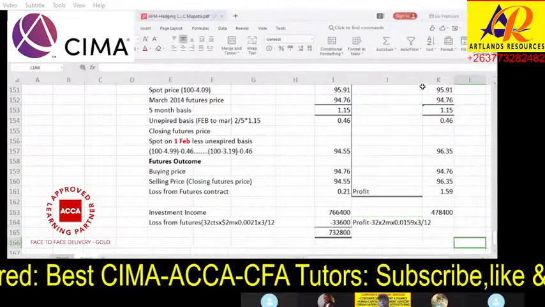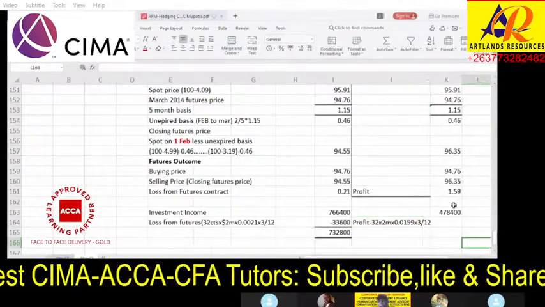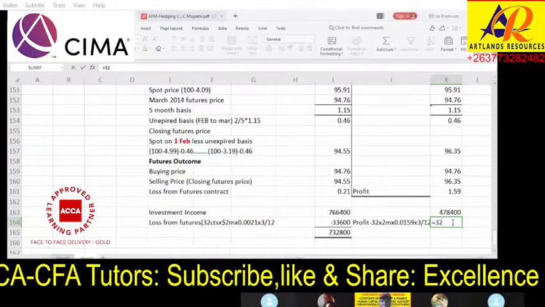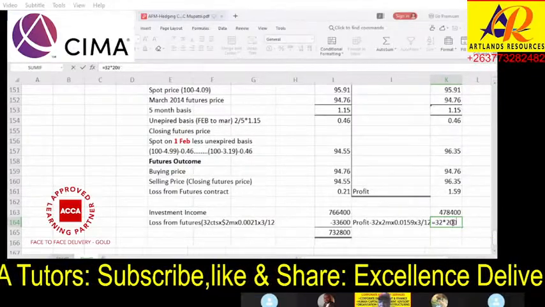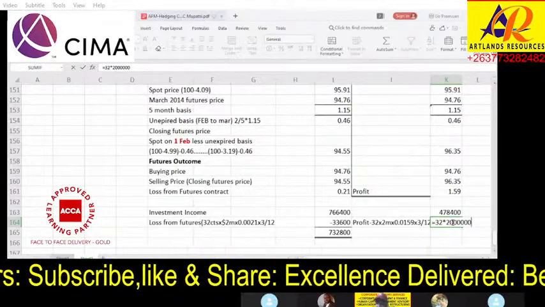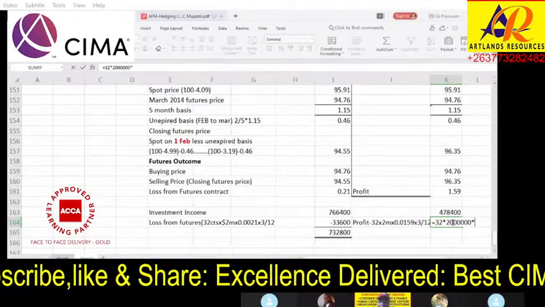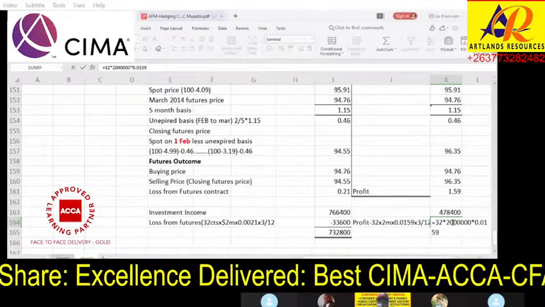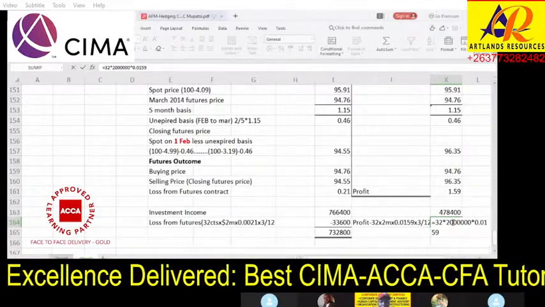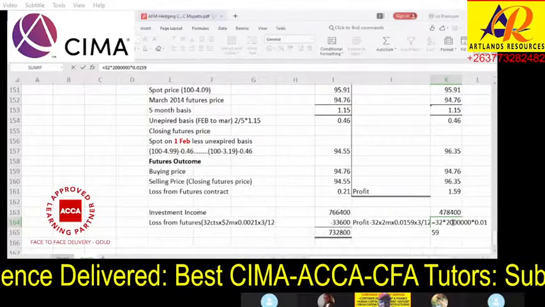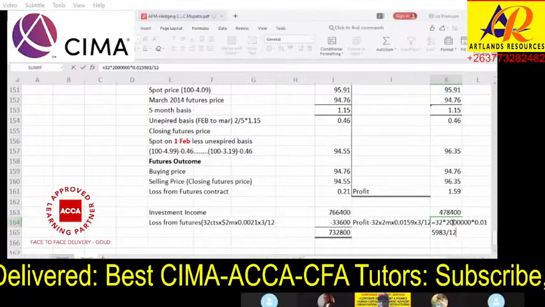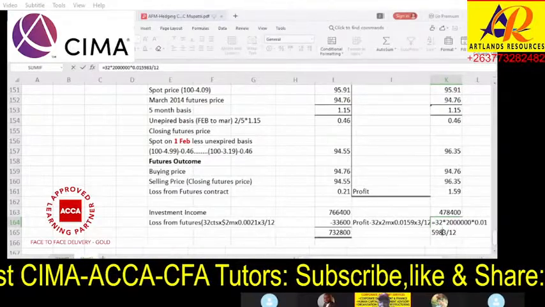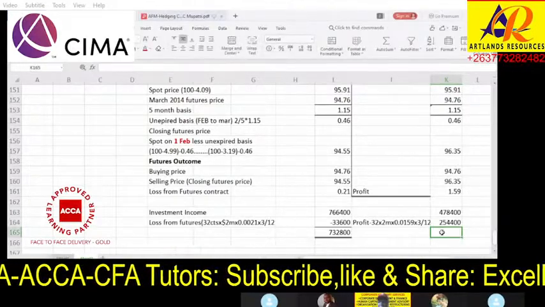So there you go. So profit on futures equals 32 contracts times contracts of 2 million. On each contract, I have made a profit of 0,0159 in terms of interest, and this interest is annualized, so I multiply by 3 over 12 because futures contracts are just for 3 months.